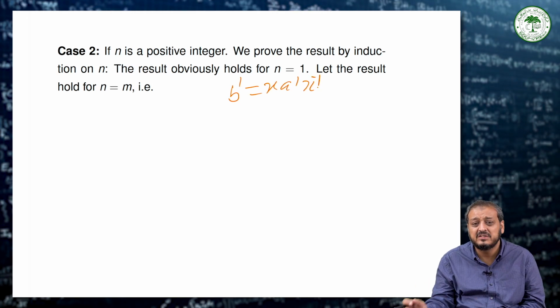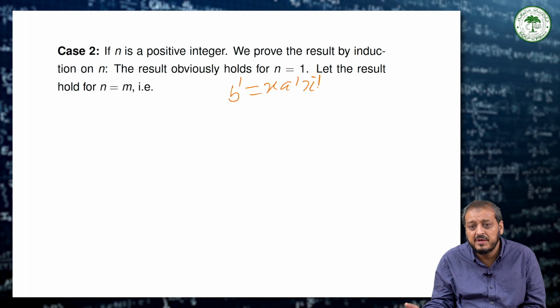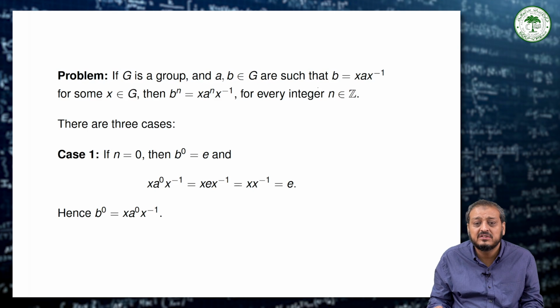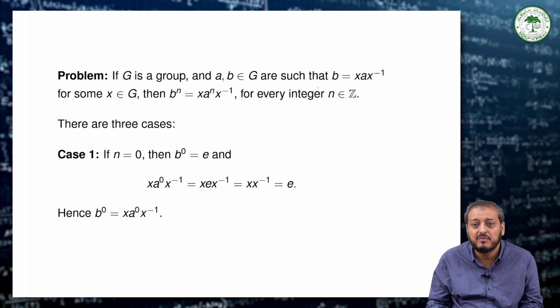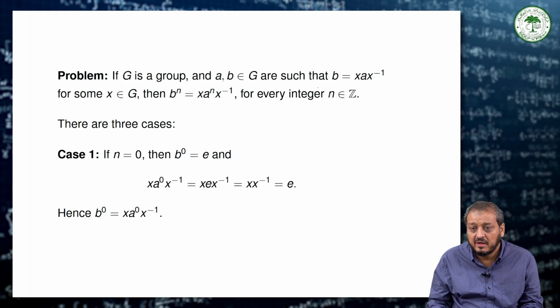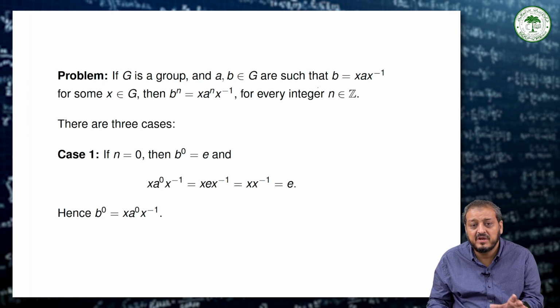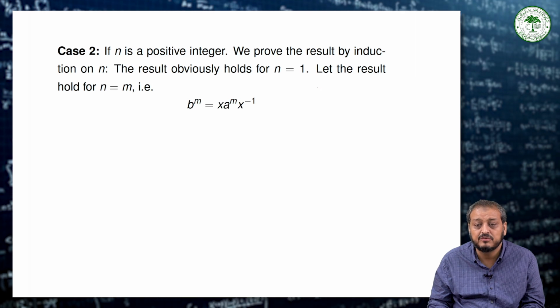For n equal to 1, b can be written in the form x a x inverse, so this is trivial by the given conditions.